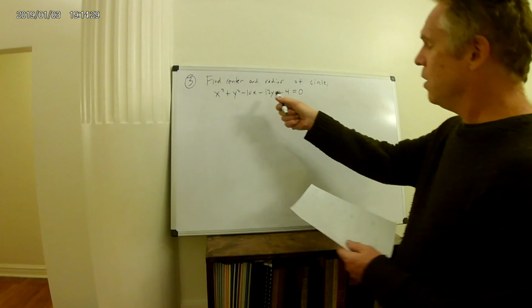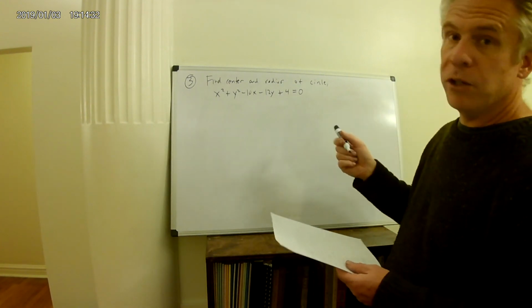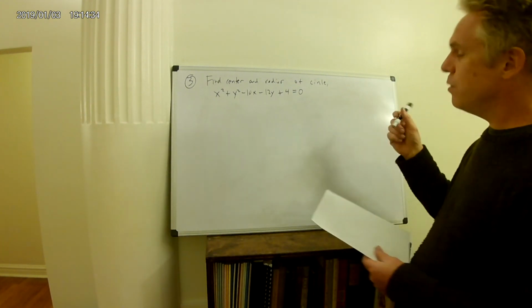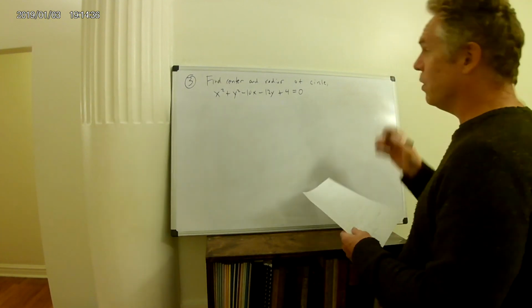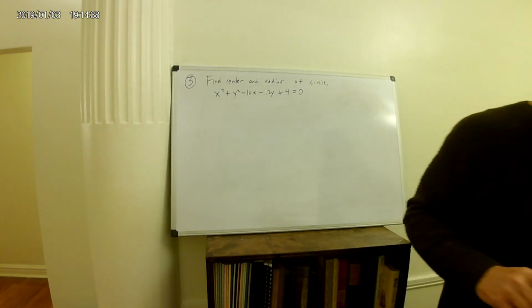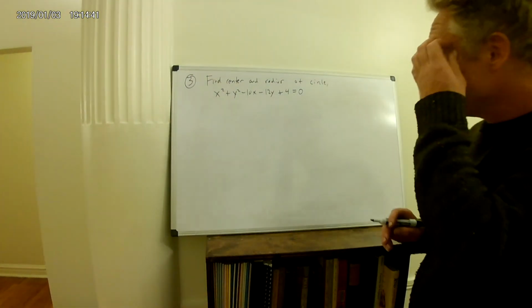So this is the equation of a circle, although it's given in polynomial form. We want to find the center and radius of this circle, and then also graph it. So how do we do this?